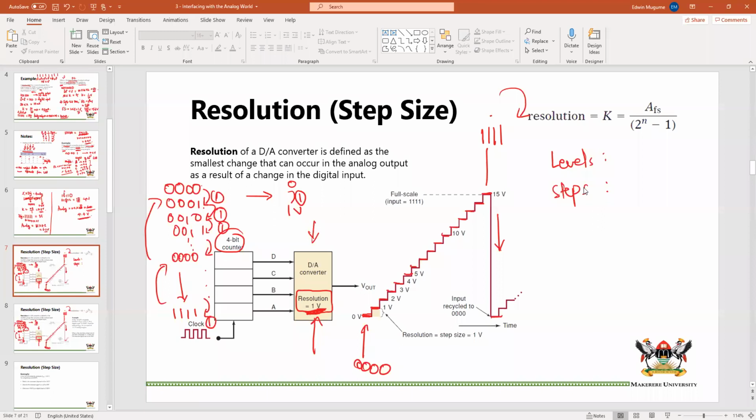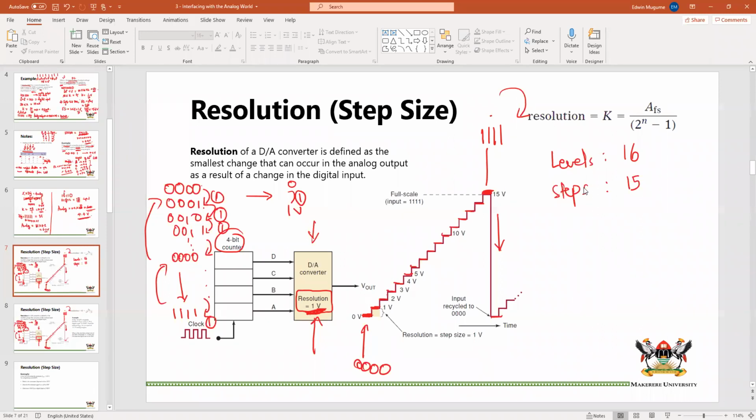Now here we have how many levels? We have 16 levels. From 0 to 15, those are 16 levels. However, the steps are 15. The steps are 15 because when you are still at 0 jumps or steps, you are already at 1 level.